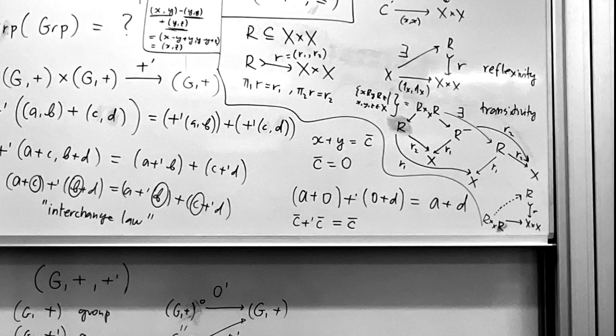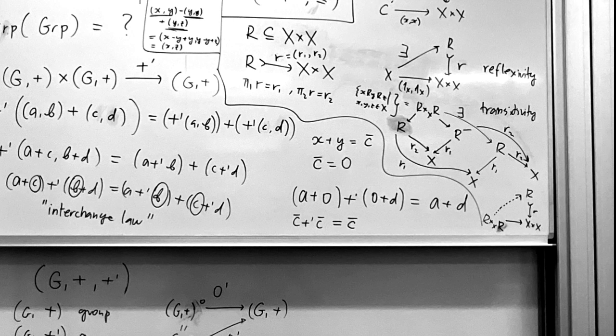So what if my plus was such that for any x and y, x plus y is my fixed element? What happens in the case when x plus y is a fixed constant c? This is associative. But then you also need c plus c to be c as well.